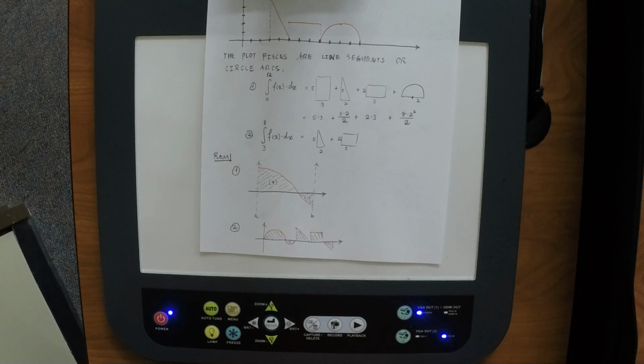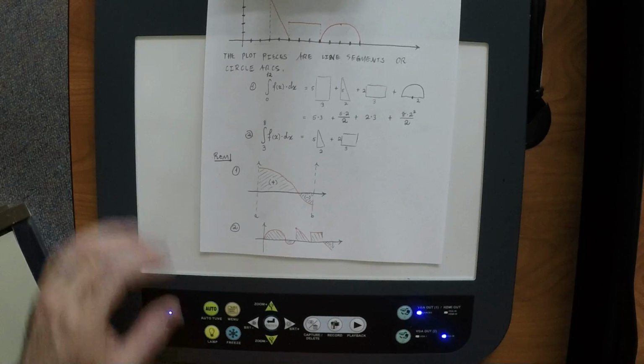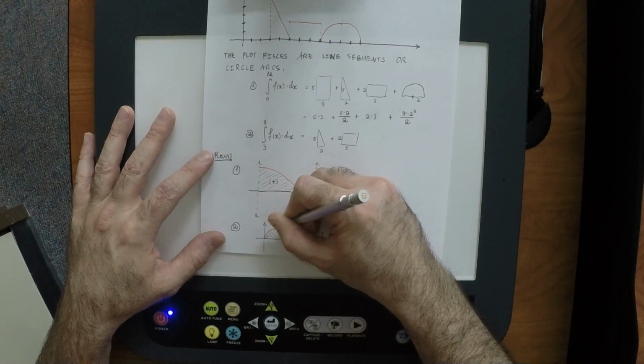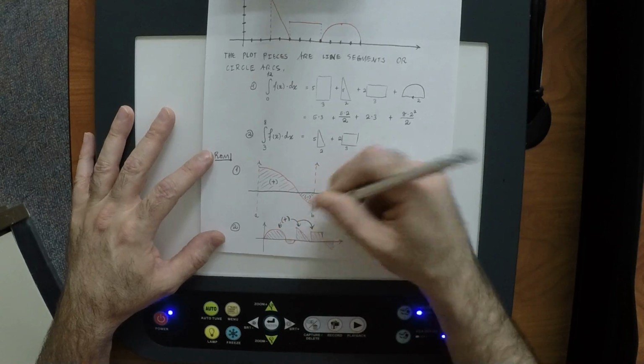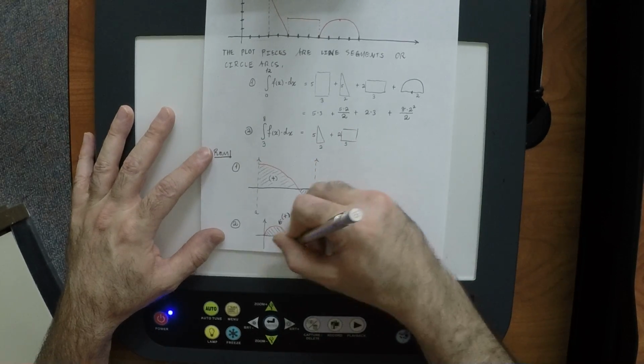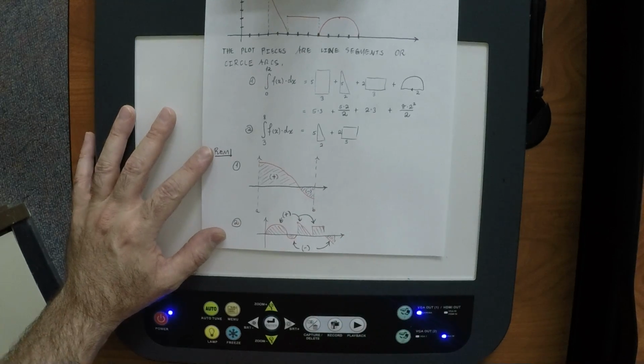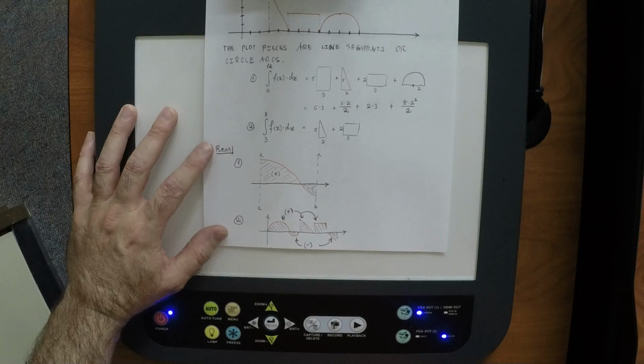So which ones are going to be reckoned positive? The ones above. So these are positive areas. And these ones down here are negative areas. Okay. Any question about this?